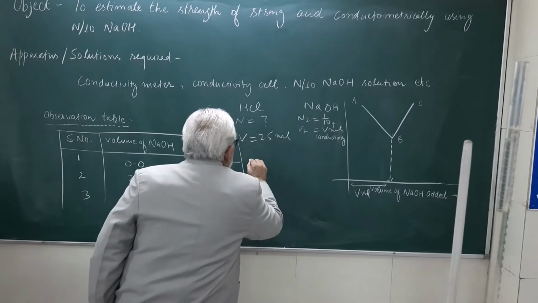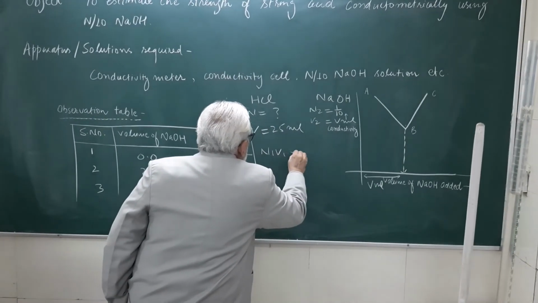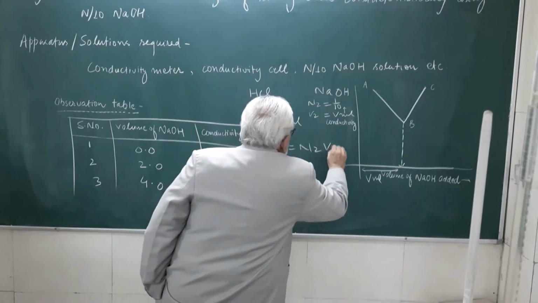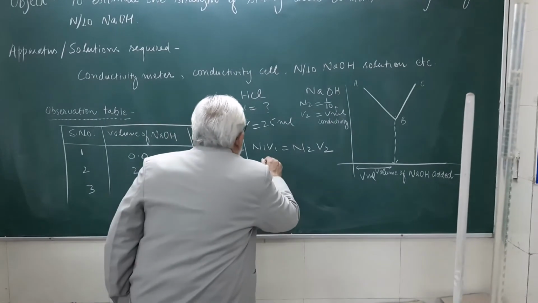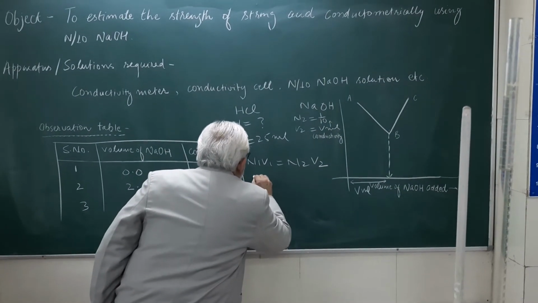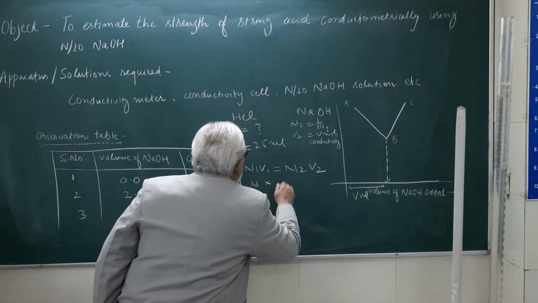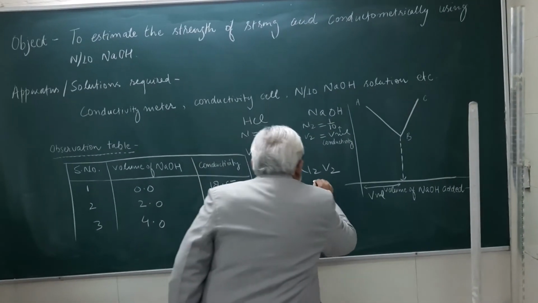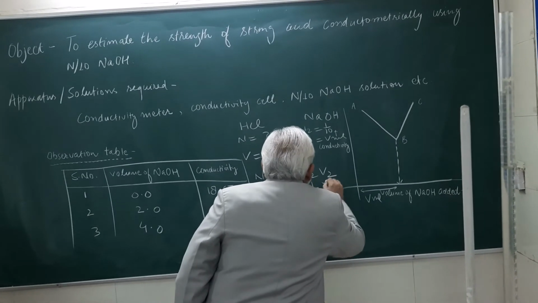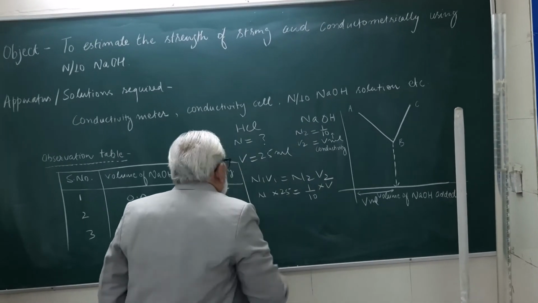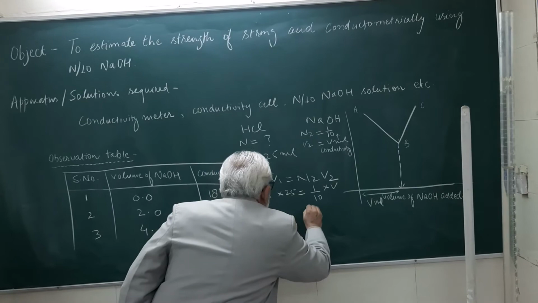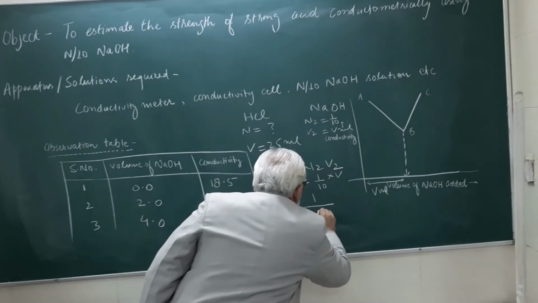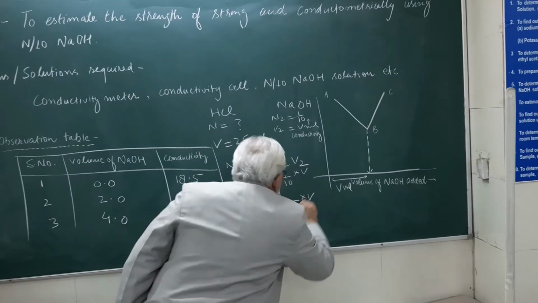So using the equation N1V1 = N2V2, N into 25 equals 1 by 10 into V. So N will be equal to 1 upon 250 into V.